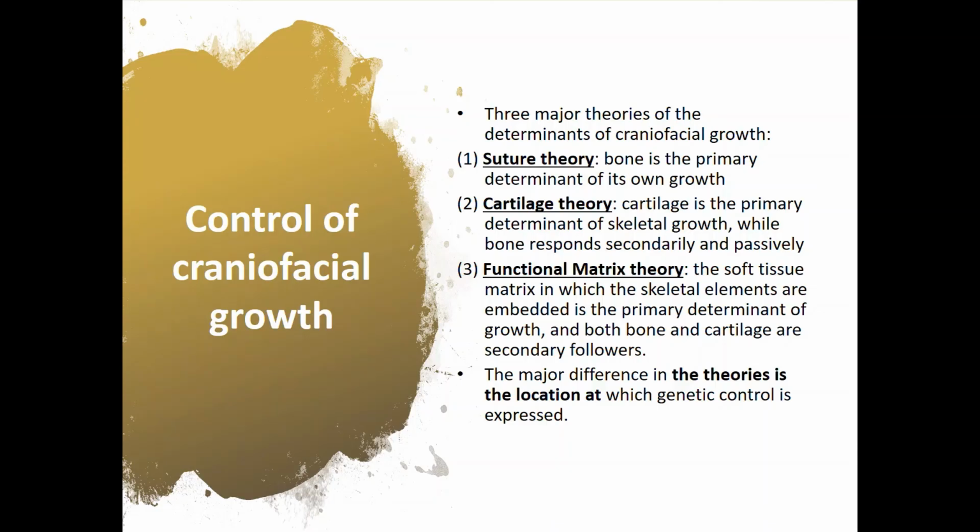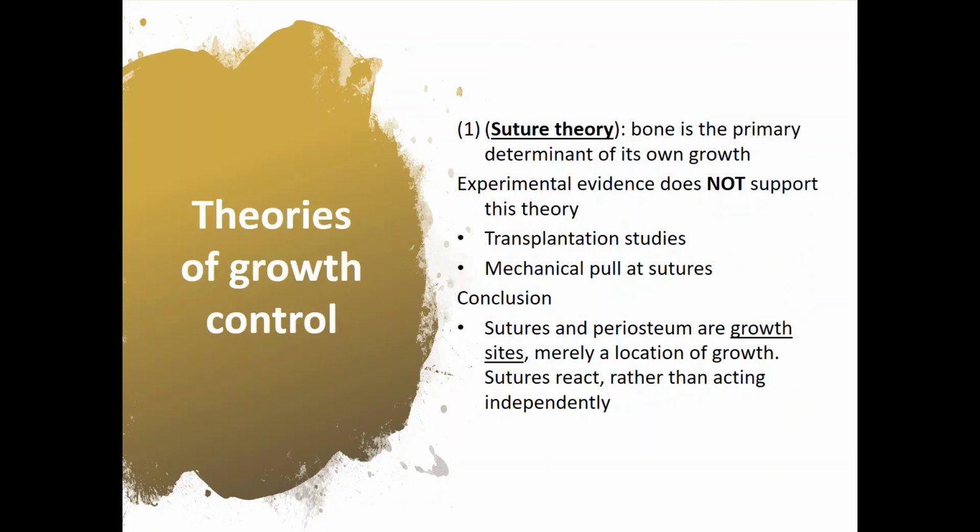Now, how can we explain the growth in the craniofacial structures? We talked about the growth itself, but how is this controlled? Well, there are three theories to explain this: suture theory, cartilage theory, and functional matrix theory. The suture theory claims that the bone is the primary determinant of growth.